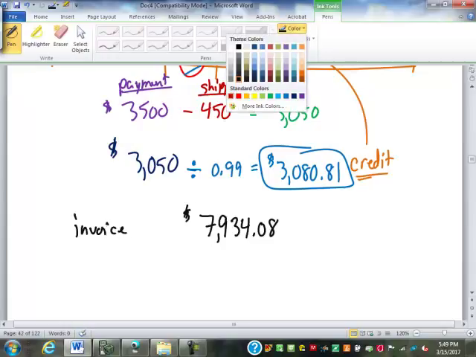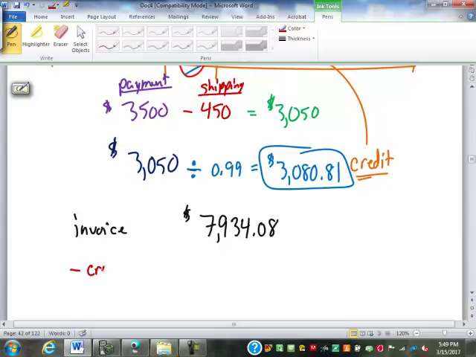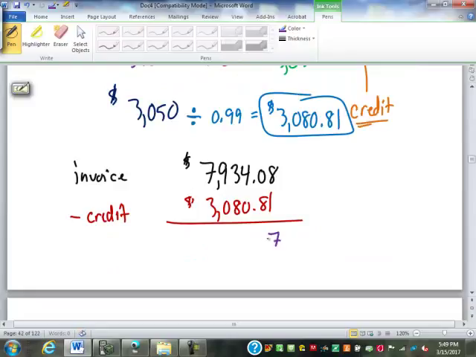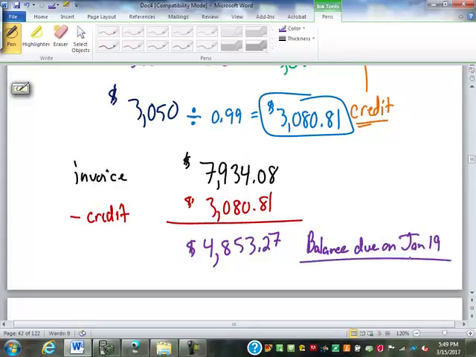And yes, we're going to subtract that credit, $3,080.81, which gives $4,853.27. That is the balance due on January 19th, or by January 19th.